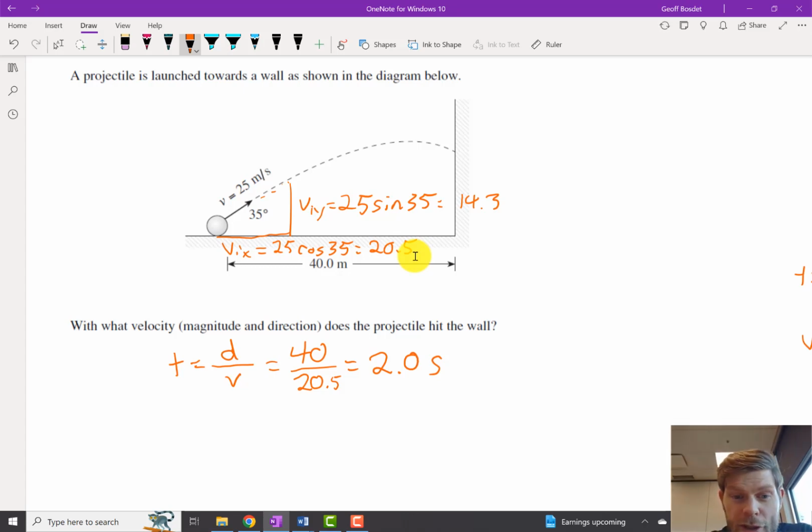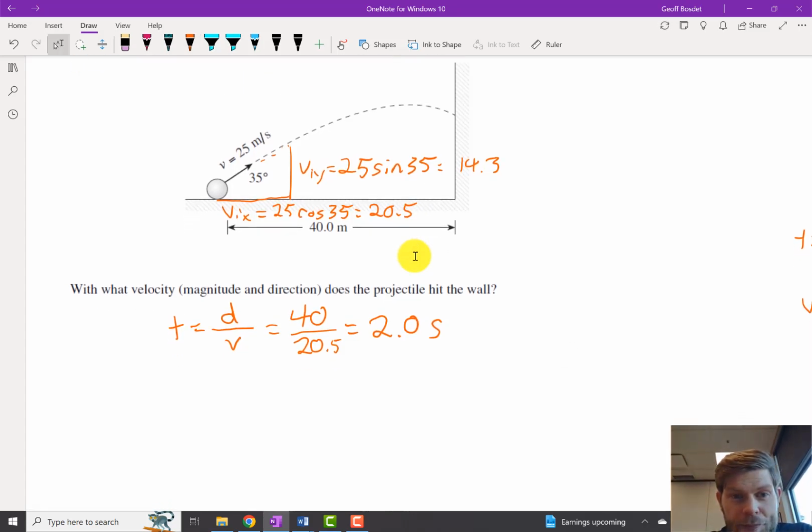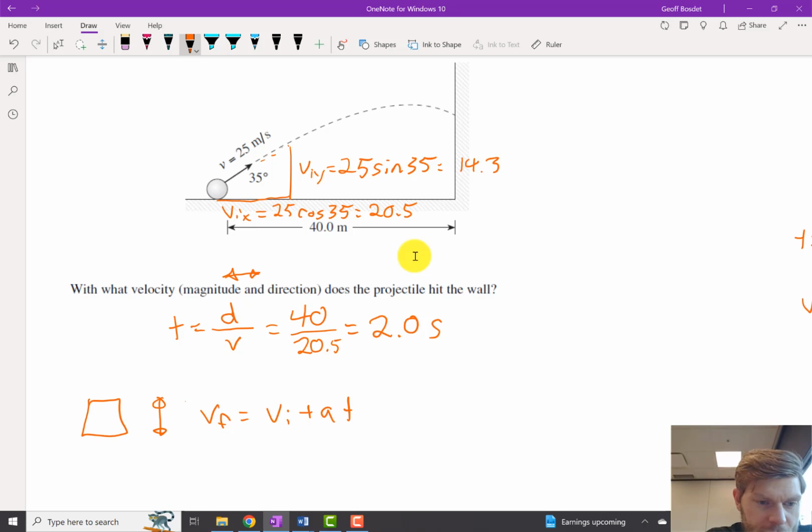Now that we've got the horizontal information, our horizontal component's not going to change. So that one's set. All we really have to do is figure out how much our vertical component has changed. And to do that, we'll just say, vertically, our final vertical velocity is equal to our initial velocity plus at. I'm going to again use the sign convention that up is positive and down is negative.